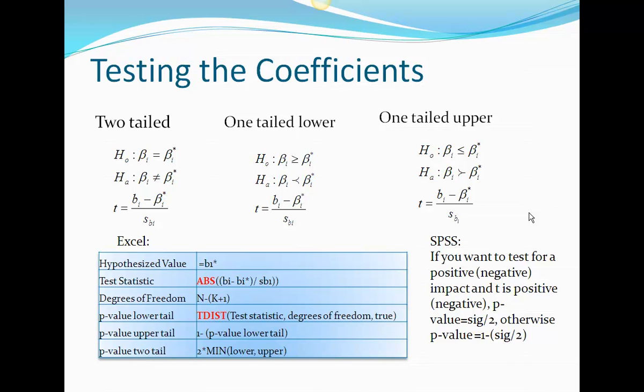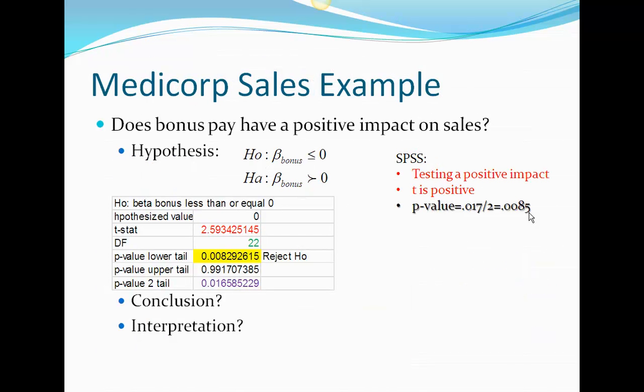So as long as there's a match between what you want to test and the sign of your t statistic, just take that 2-tailed significance or p-value and divide by 2. If there's a mismatch, it's 1 minus that significance divided by 2.